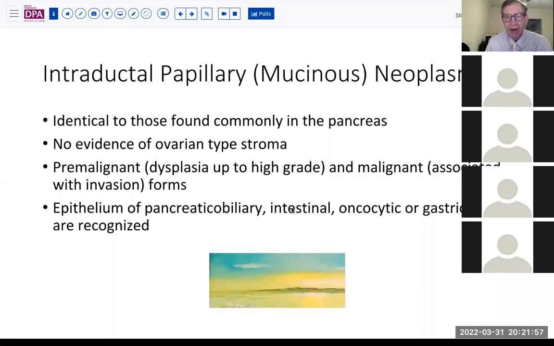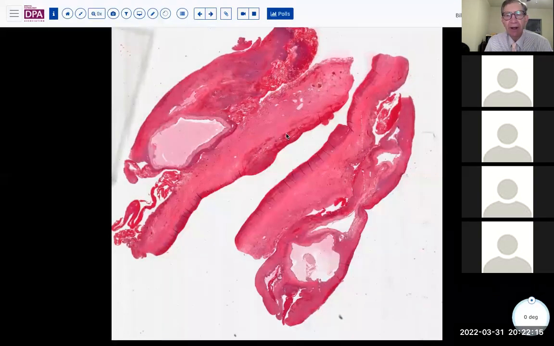And a variety of epithelial types can be seen, both pancreatico-biliary as well as intestinal or oncocytic. Rarely gastric, but supposedly that's been reported as well. So here's an example of what one of these might look like.